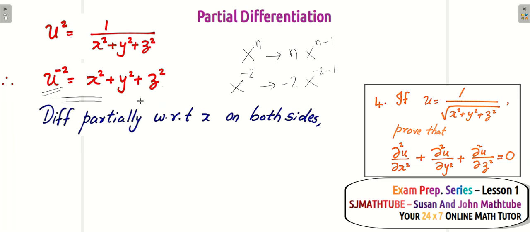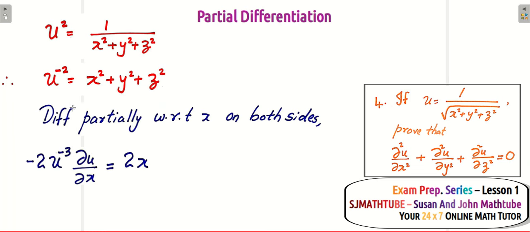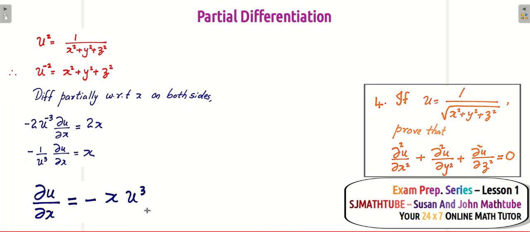So applying similar logic, you get minus 2 u to the power minus 3, and this is that dependent variable special, dou u by dou x is equal to 2x. Now cancelling out on both sides, you get this, and let's do some cross multiplication, and that's it.